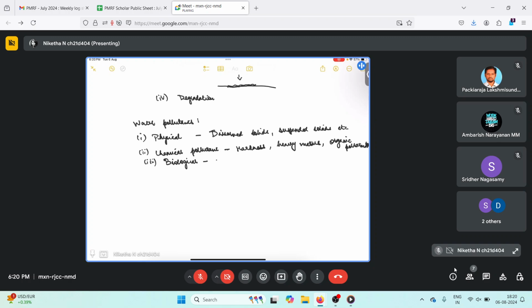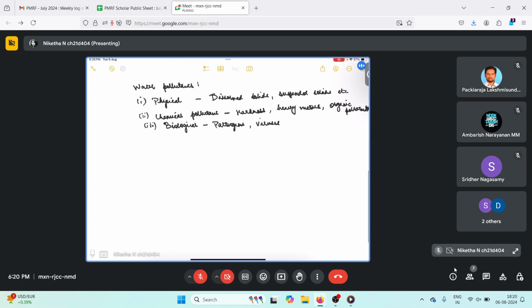Biological can be maybe different types of bacteria, pathogens, viruses, all disease causing microbes.